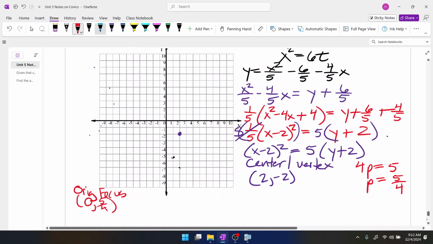But since we moved to the right by 2 and down by 2, the new one literally becomes (2, 5/4 minus 2), so 2 and then negative 3/4.